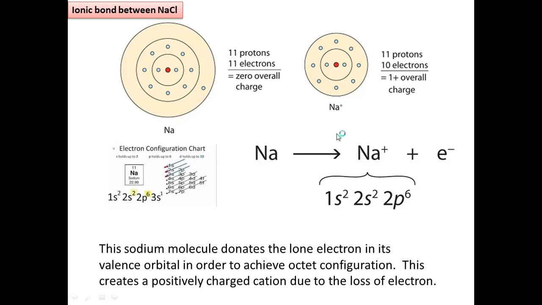So why does sodium lose 1 electron? That is called the octet rule. When it removes 1 electron out of its outer shell, which is the third shell, having 1 electron, then the second shell becomes the valence shell.